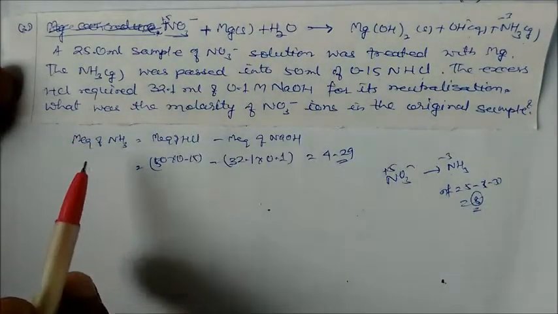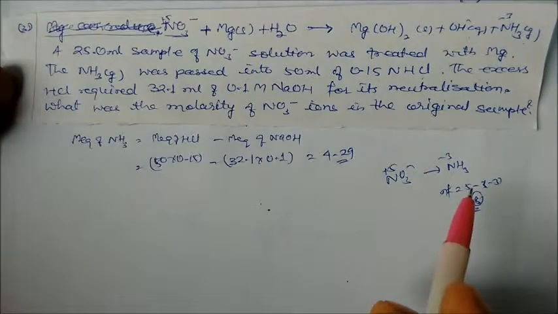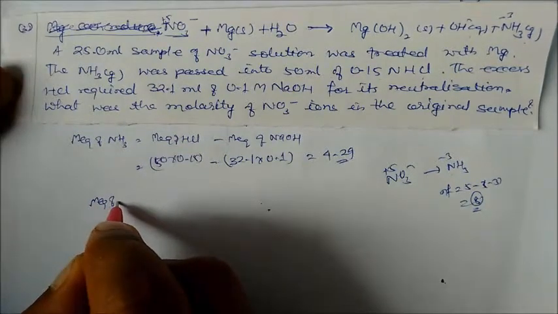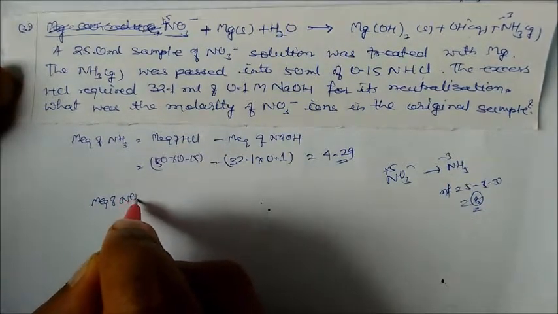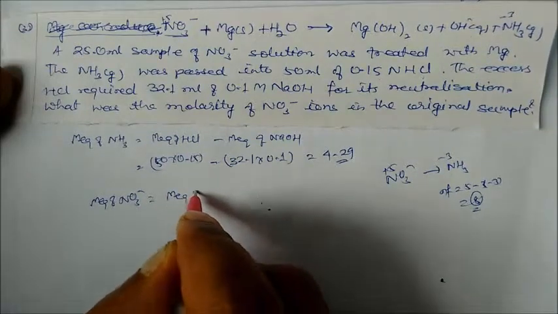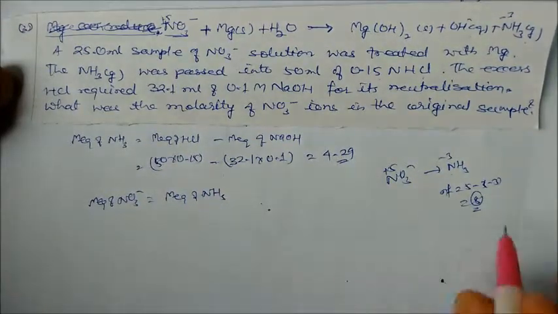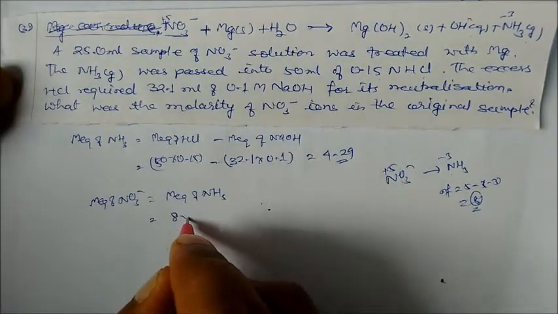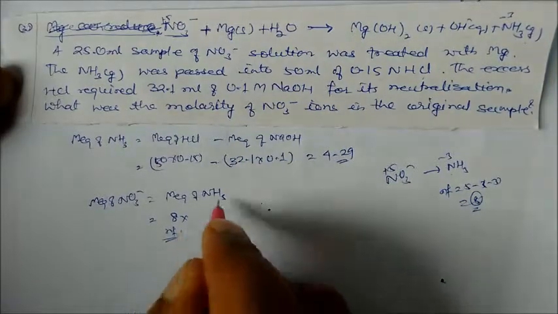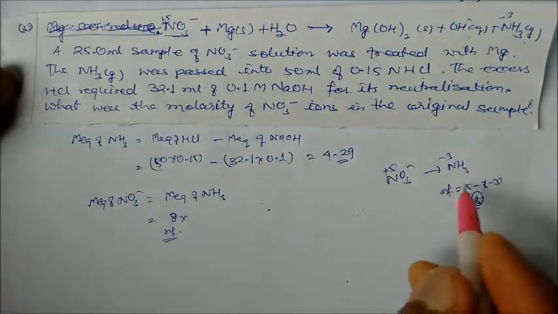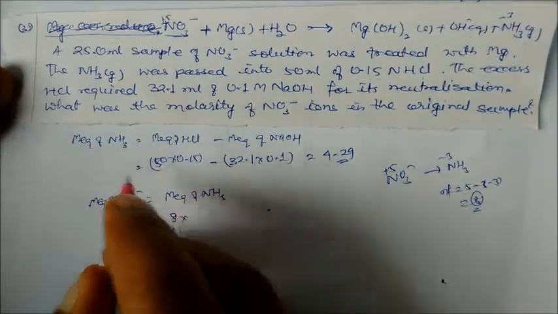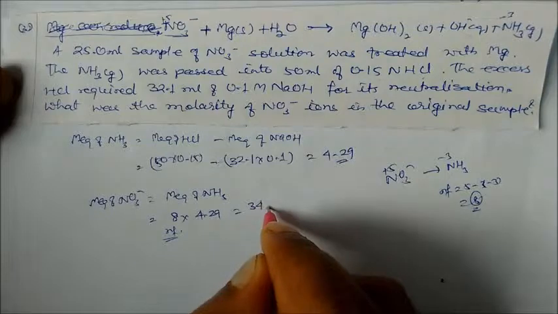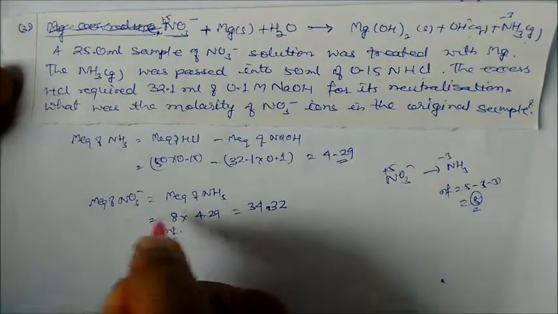Milliequivalent of nitrate is equal to milliequivalent of ammonia, but in the case of nitrate the n factor is 8, so we have to multiply by 8. So 8 into 4.29, which is the milliequivalent of ammonia, we get 34.32. This is the milliequivalent of nitrate.